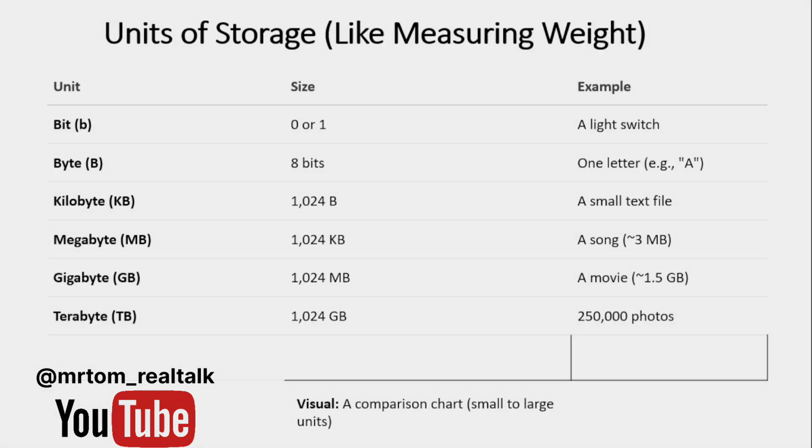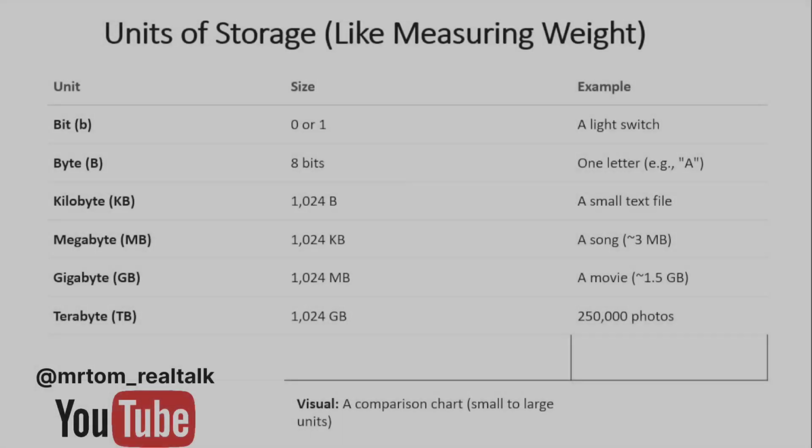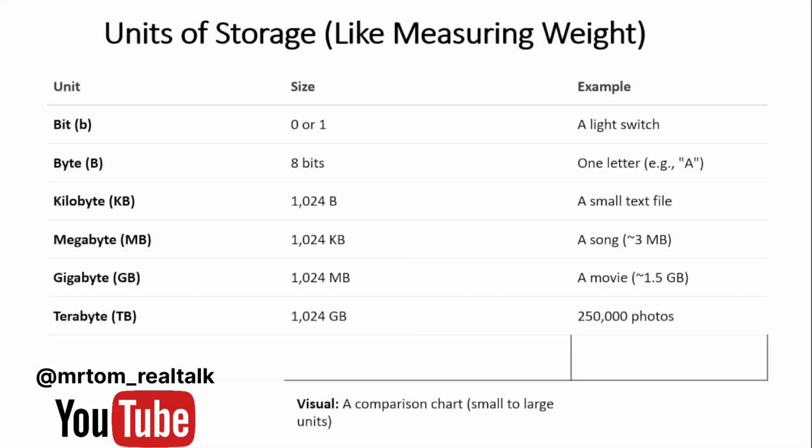The size of a bit is either 0 or 1. An example is a light switch. In our various homes, we have a light switch which has either the off button or the on button, which is 0 or 1. That is a real life scenario of a bit, either 0 or 1.